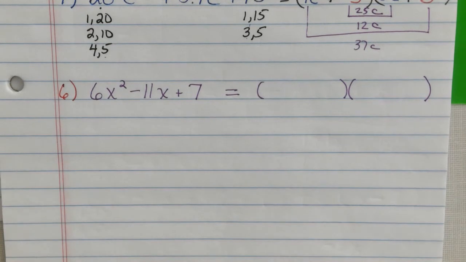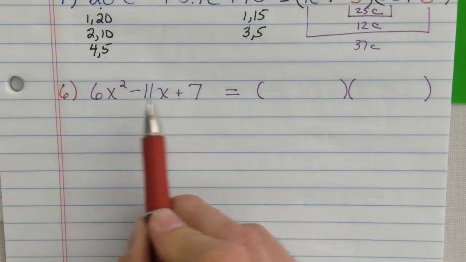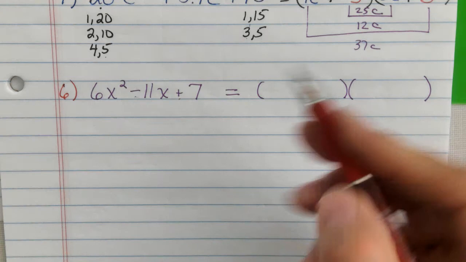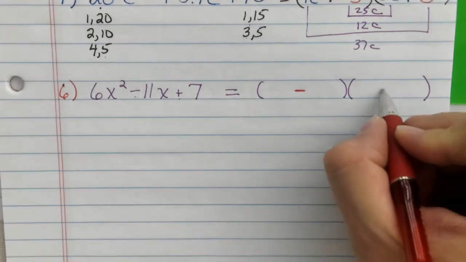The second sign is plus, so 2 of the first. So I'll put a minus and a minus.